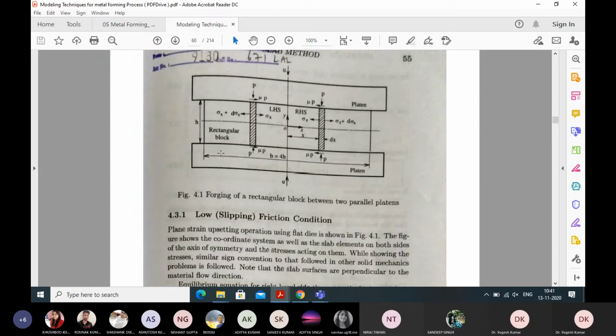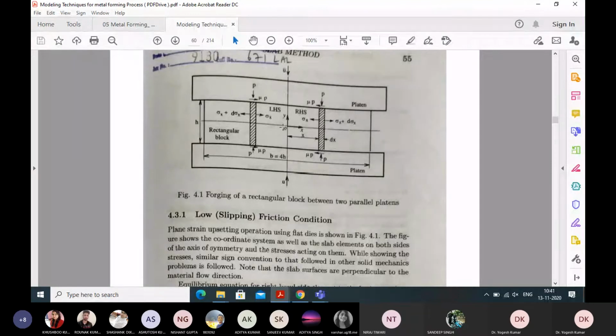Since this is a rectangular block which is under compressive stresses because of the force being applied by these two plates, plate 1 and plate 2, or upper die and lower die, in this rectangular block there is a center line which has been shown here.